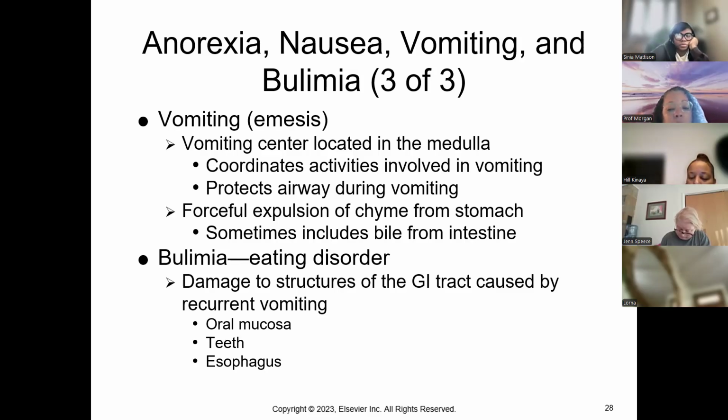Now, usually with bulimia, there'll be a normal weight, or sometimes even overweight. They're not usually skinny like people with anorexia are. So they'll ask you about that possibly, and they'll ask you about damage, especially damage to the teeth, the oral mucosa, and excessive vomiting.